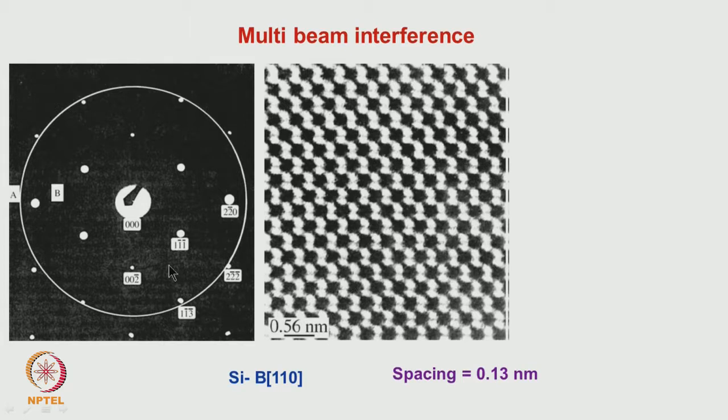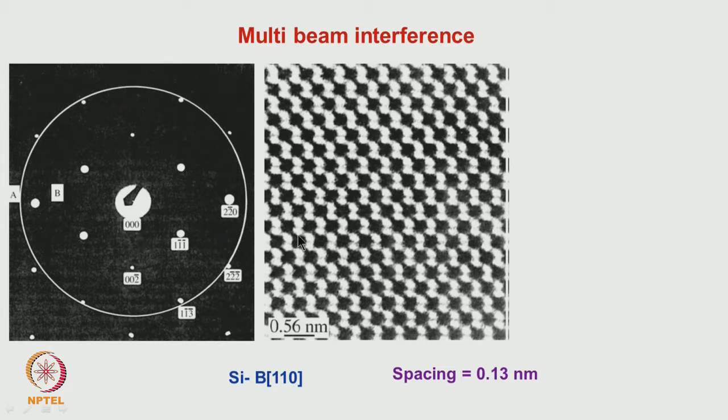The separation between these two corresponds to a spacing of 0.13 nanometer in silicon, and the beam direction is 110. We have used only 200 reflections, 220 reflection, 111 type reflection, and 113 bar reflection. These are all the reflections which have been used to give rise to the overlapping of the interference of the fringes, giving rise to this sort of a contrast.